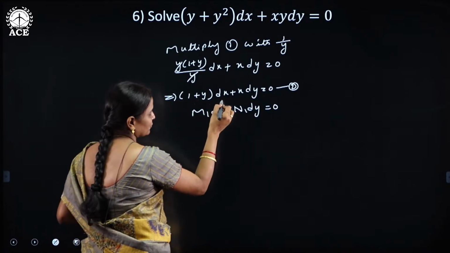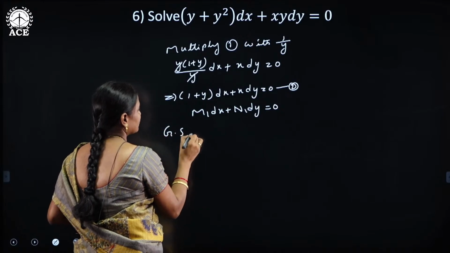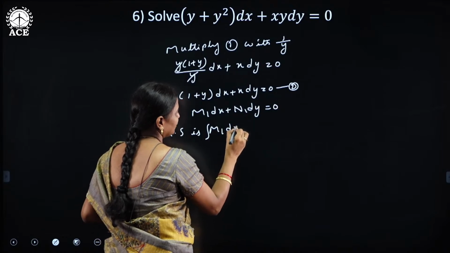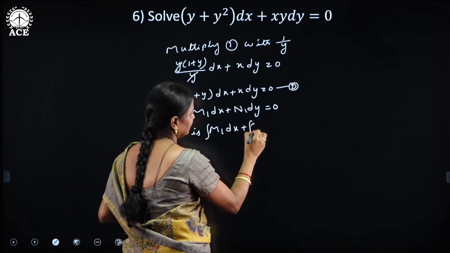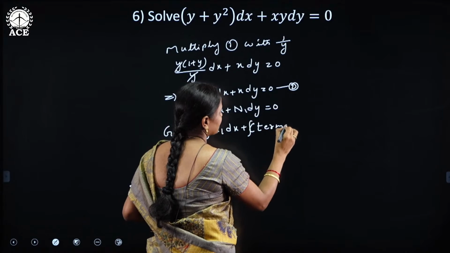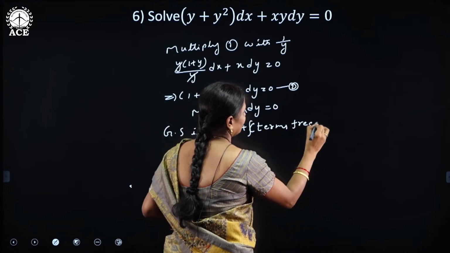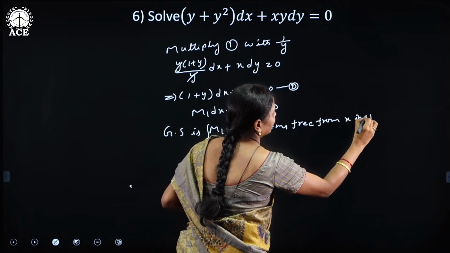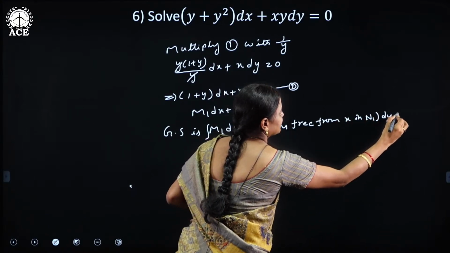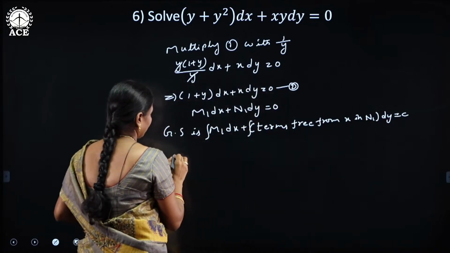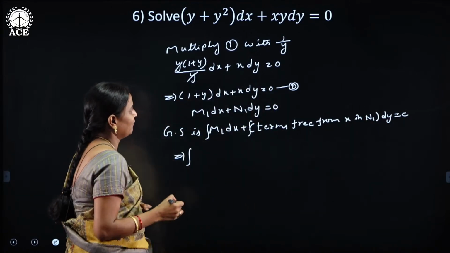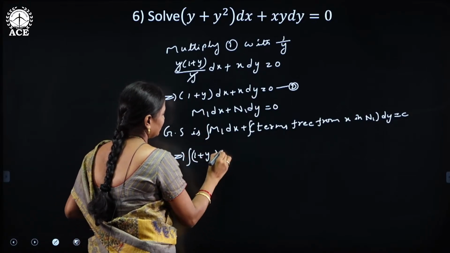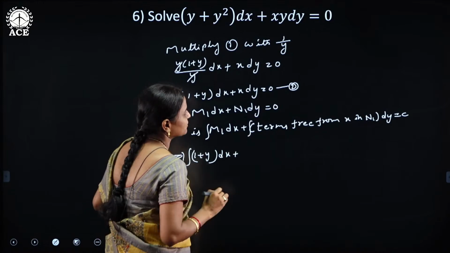Equation 2 is exact. So how to write the general solution? The general solution is integral M1 dx plus integral of the terms free from x in N1 dy is equal to c. So that implies integration of M1, what are the terms of M1, (1 plus y) dx, plus terms free from x.